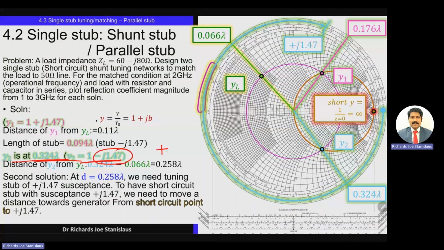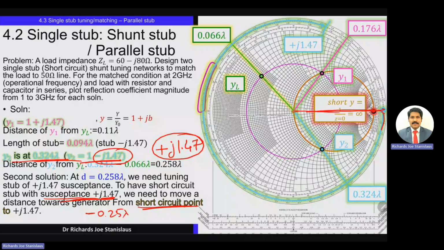For that, we need to have a plus j 1.47 as the stub admittance. So the susceptance of the stub should be plus j 1.47. Again, we need to start from the short circuit point. The short circuit point remains the same where y equals infinity. So connect the center and the rightmost point, extend it outwards. The starting point is 0.25 lambda.